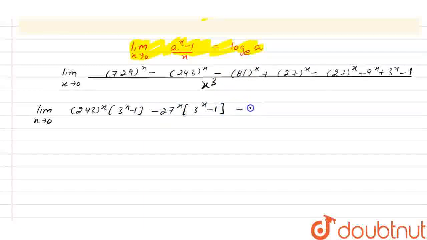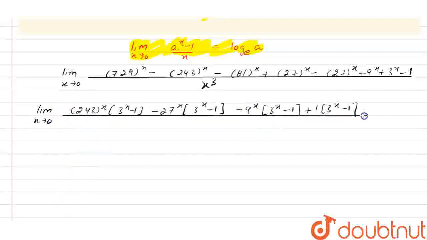Similarly, by taking minus 9 raised to power x, we have 3 raised to power x minus 1. By taking 1 common, we have 1 into 3 raised to power x minus 1. So now by dividing it, we have in the denominator x cube.